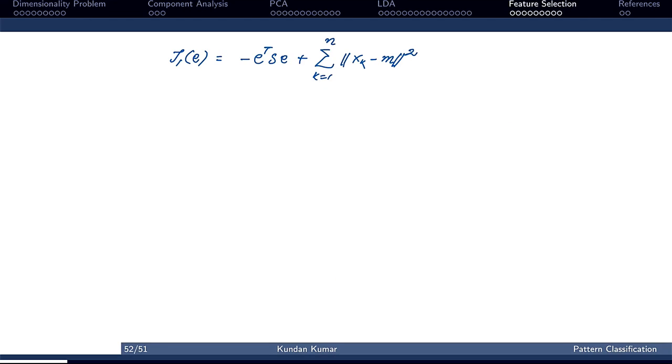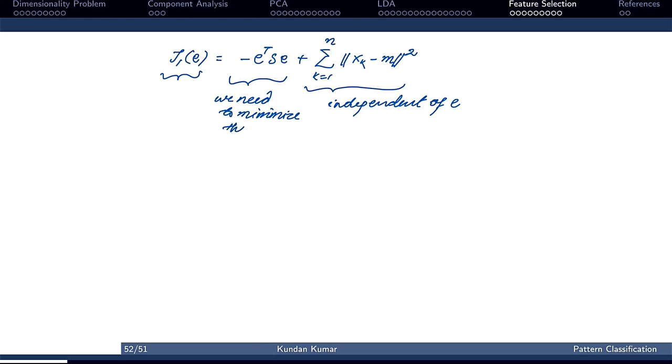Now, we have to minimize this cost function with respect to E. Here you can observe that this term is independent of E. So that means we need to maximize E transpose S E, because the negative sign is there.